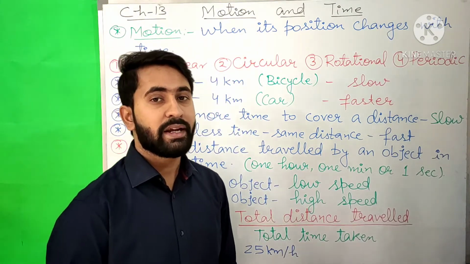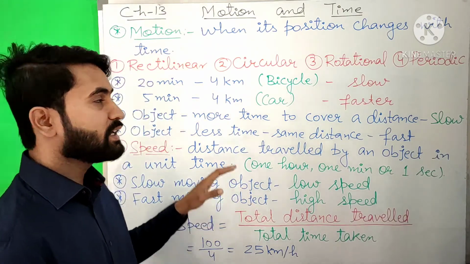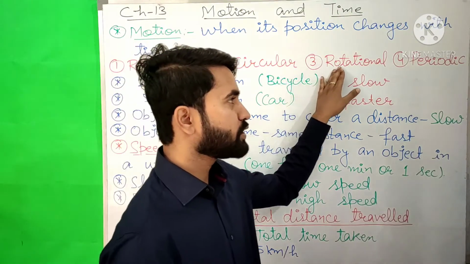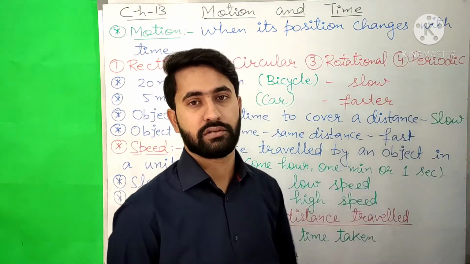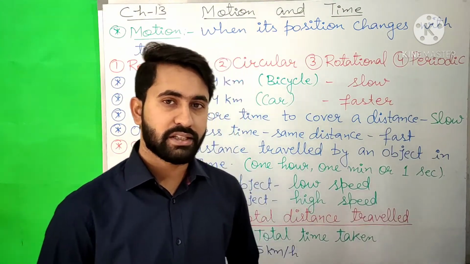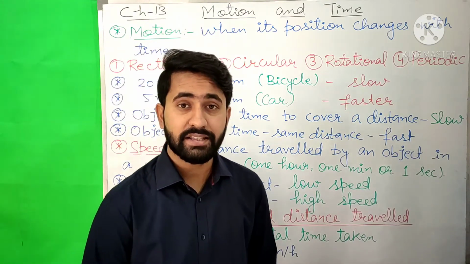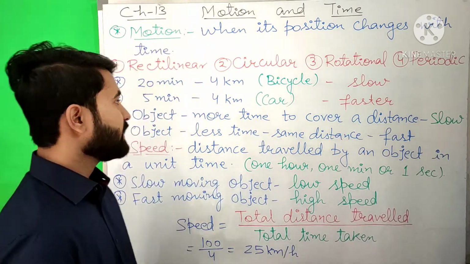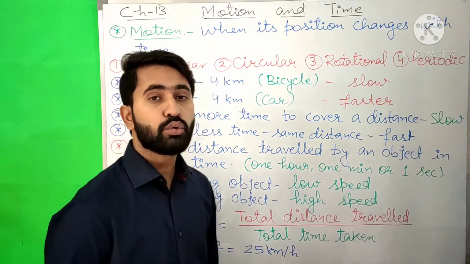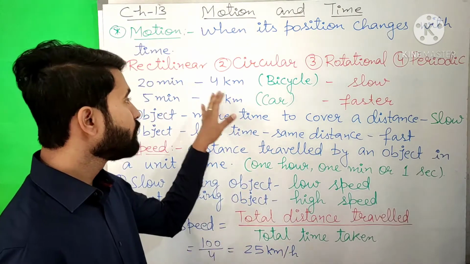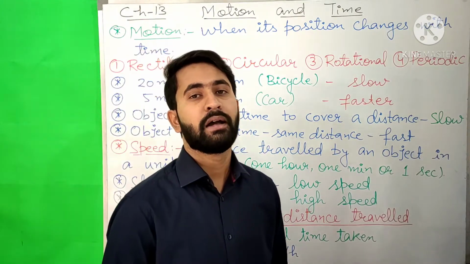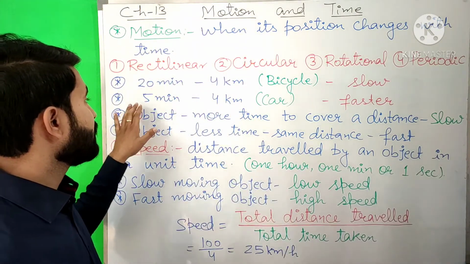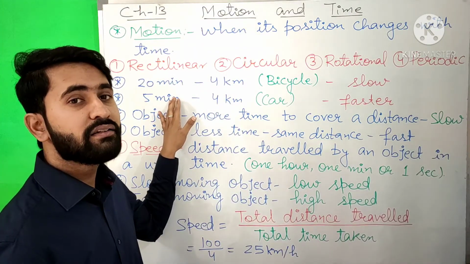There are four main different types of motion, that are rectilinear motion, circular motion, rotational motion and periodic motion. The motion of some objects is fast, whereas the motion of other objects is slow. Suppose we take 20 minutes to cover a distance of 4 kilometers by bicycle, and if we go by car, we cover the same distance in 5 minutes.